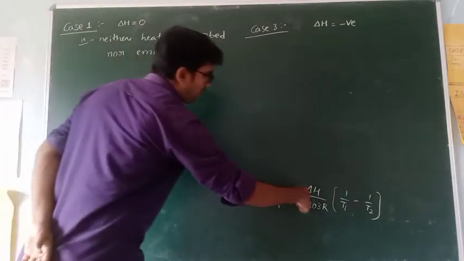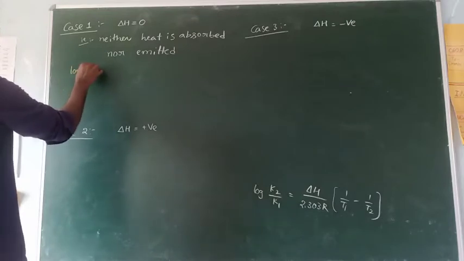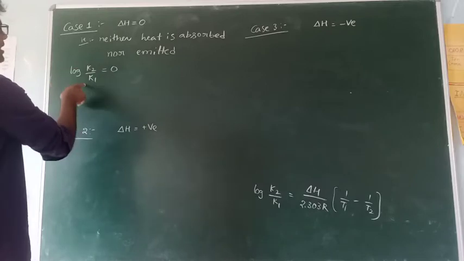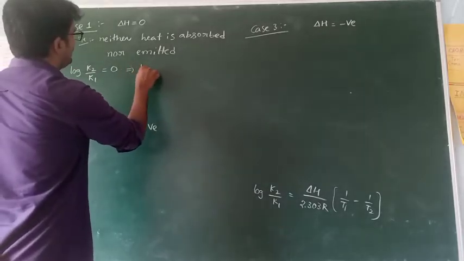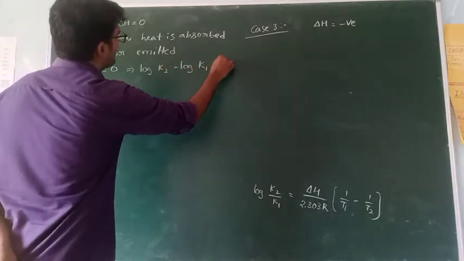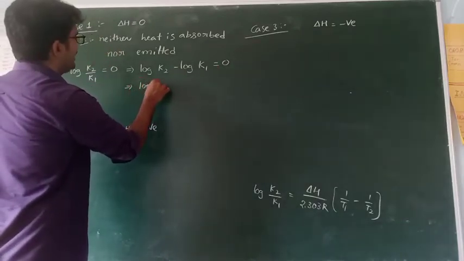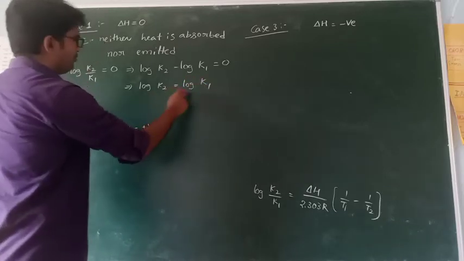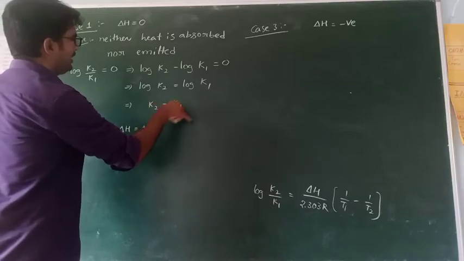So the total value is 0, which means log K2 by K1 equals 0. But by the log A by B formula, log A minus log B, log K2 minus log K1 equals 0. Moving this value to this side, log K2 equals log K1. Removing the log on both sides, K2 equals K1.